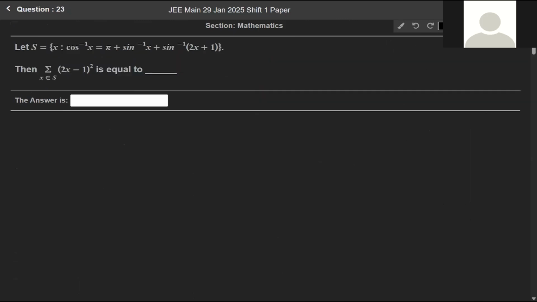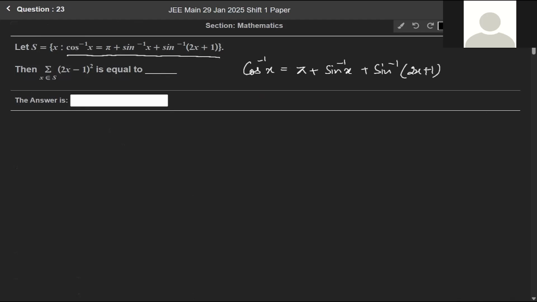Now, next question 23. We are given S equals to this much. Then sigma x belongs to S, 2x minus 1 whole square value is. So we are given cos inverse x is equal to pi plus sine inverse x plus sine inverse 2x plus 1.